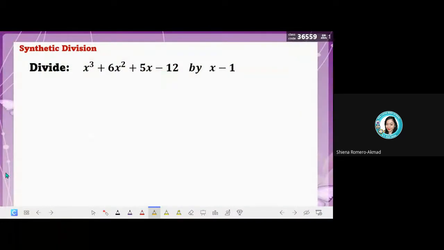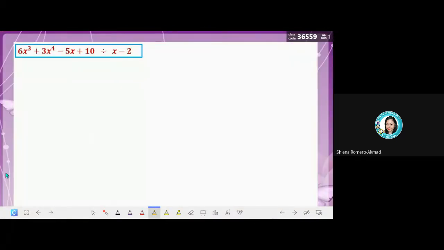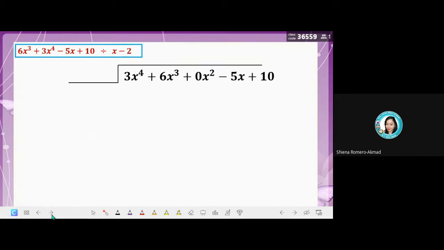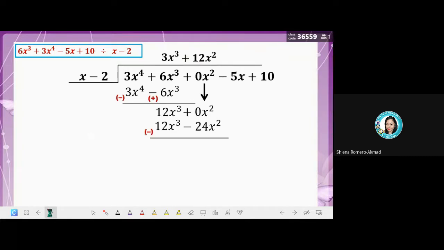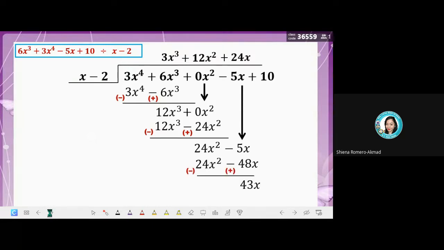Tingnan nga natin to. So looking at the solution, magiging ganito siya. Yan. So, ito yung solution natin kanina.